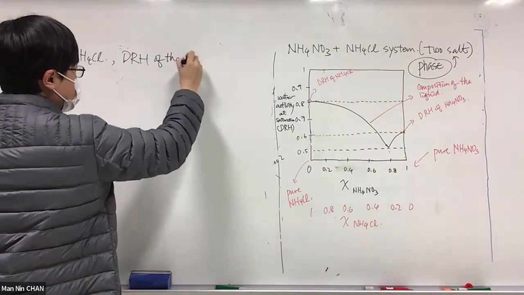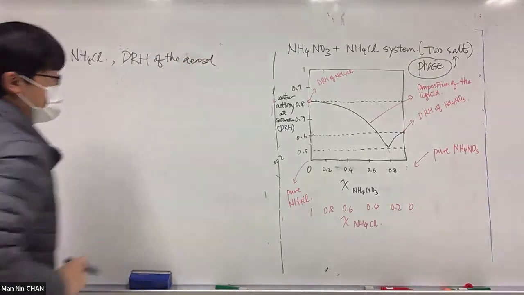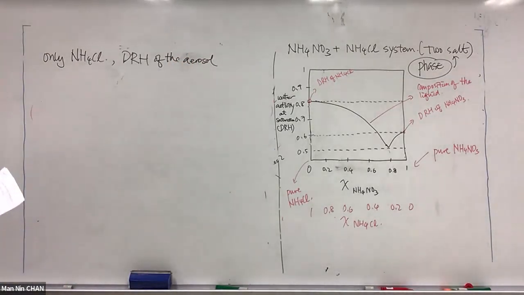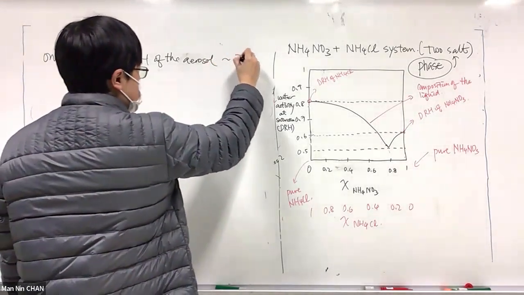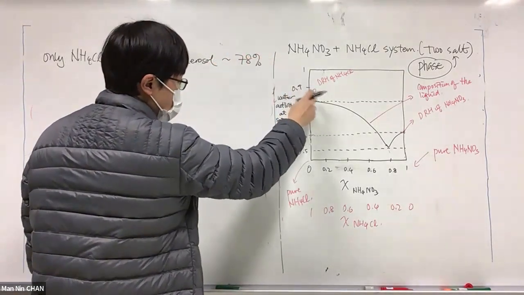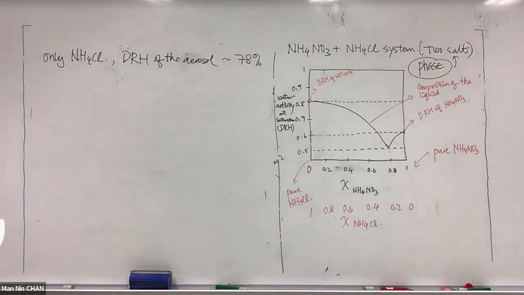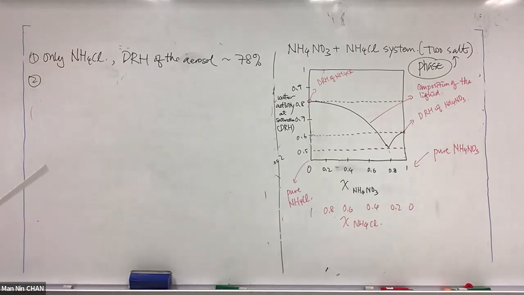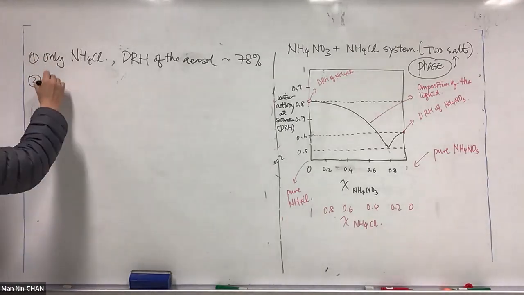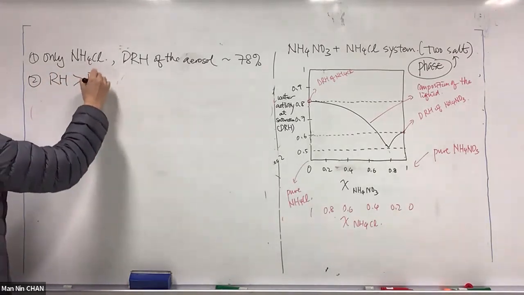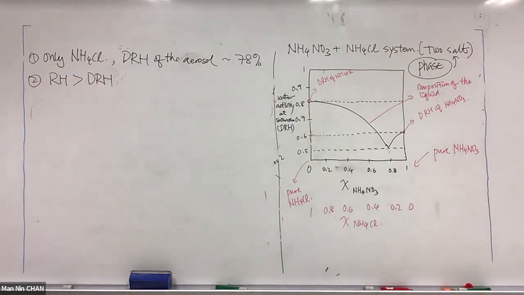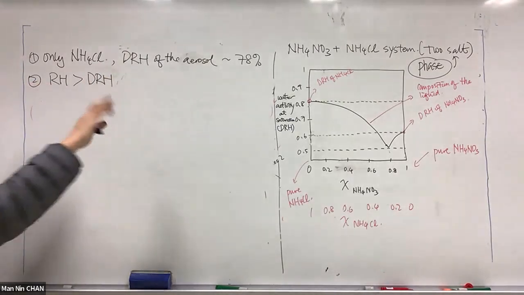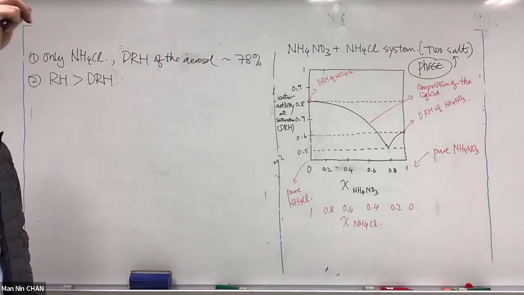Or of the aerosol. So in this case, it's around 78%. Sorry, this is close to 0.8, but it's about 78% on average. And for this system, we usually make this assumption: when the RH is larger than the DRH, for a pure solid, you have an RH larger than your deliquescence point, so it will become an aqueous droplet.